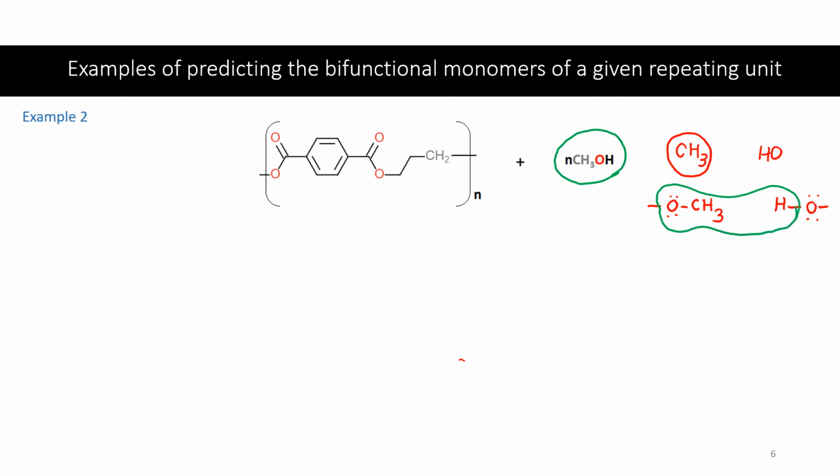So let's look at the monomers. This is where we have the bond that combined together. So it's probably the new bond is between this carbonyl and this oxygen.